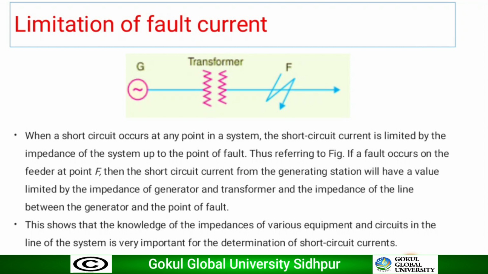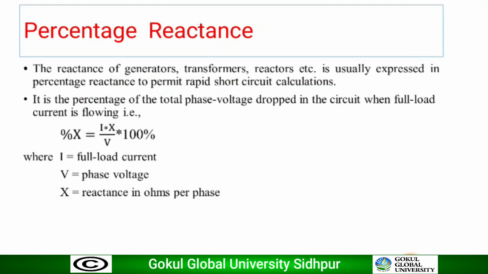Now, percentage reactance. The reactance of generators, transformers and reactors is each usually expressed as a percentage reactance. What is the definition of percentage reactance? In a symmetrical fault current calculation, we generally use percentage reactance.